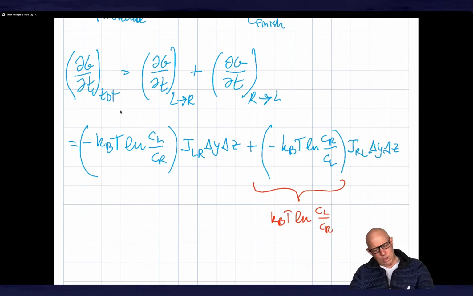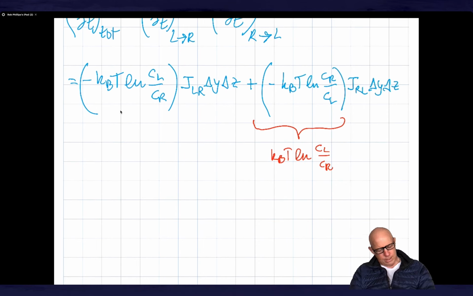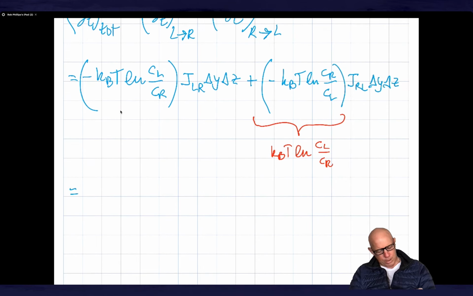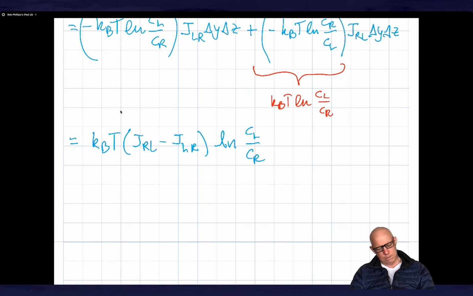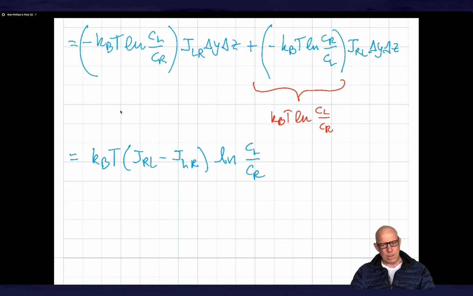The net result is that I'm left with kBT times J right left minus J left right, times the log of C left over C right, and then times delta Y, delta Z. Sorry, I forgot that part.